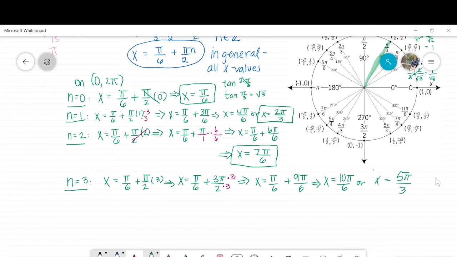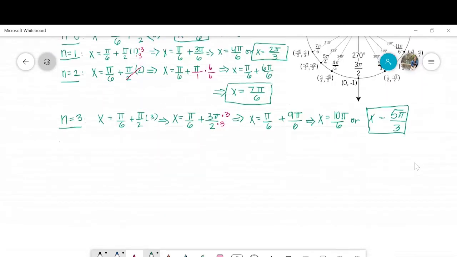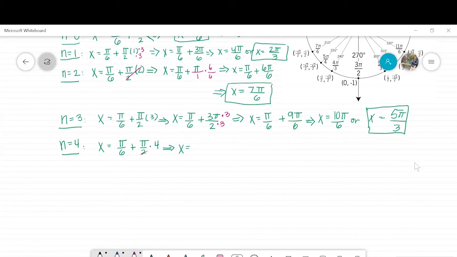Now, I suspect, we'll verify this, but I do suspect that the next round of this will be too large. Okay, so let's try that out. So we've got now n is equal to 4, x is equal to pi over 6 plus pi over 2 times 4, which gives us, and again, we have some canceling that'll happen here, right?